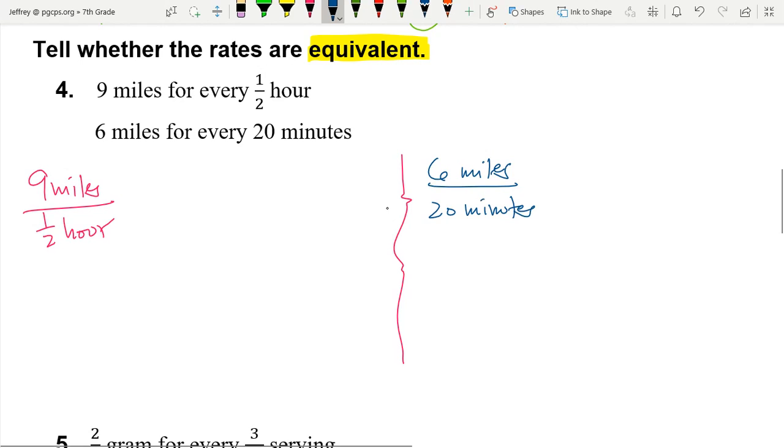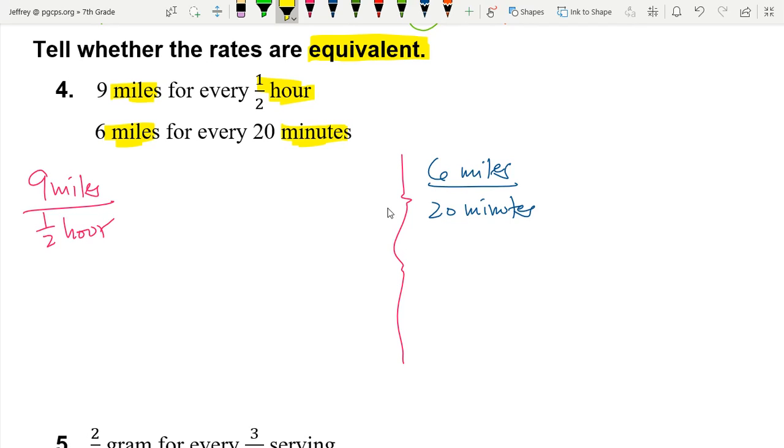Now, what do you notice? When we compare rates, make sure that the units of measure are the same. So we're comparing miles per hour, but the other one would be miles per minutes. Although hour and minutes pertain to time, we need to make sure that the units of measure are the same. Are we going to use minutes or are we going to use hours? Which one is easier for you?